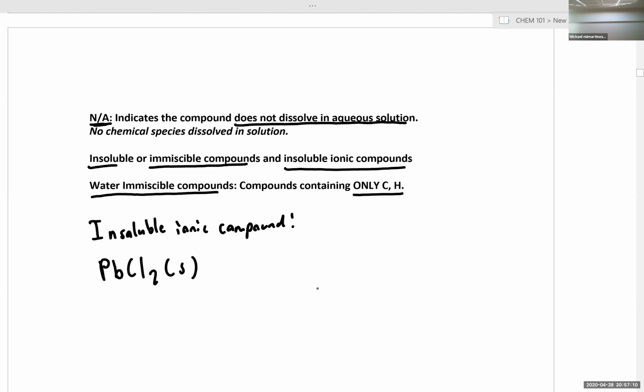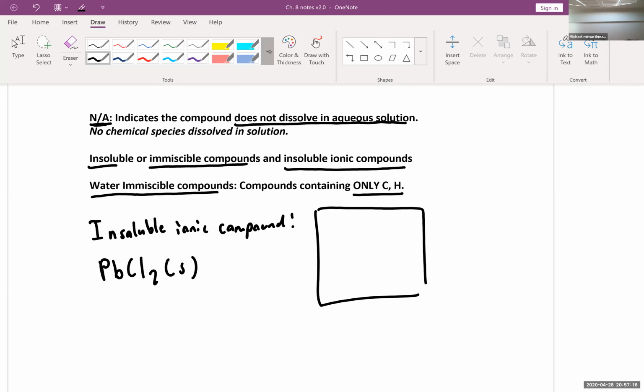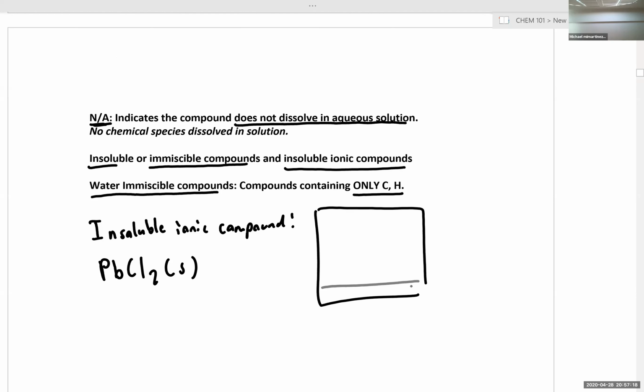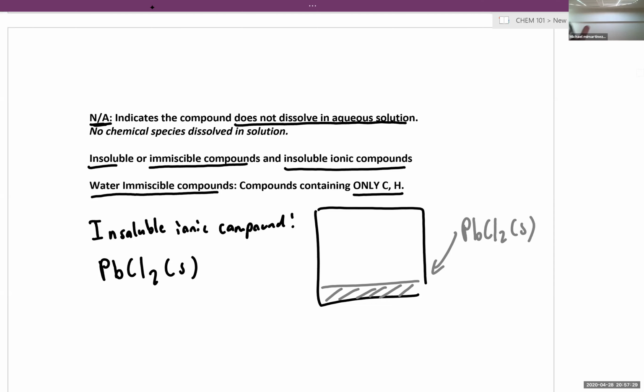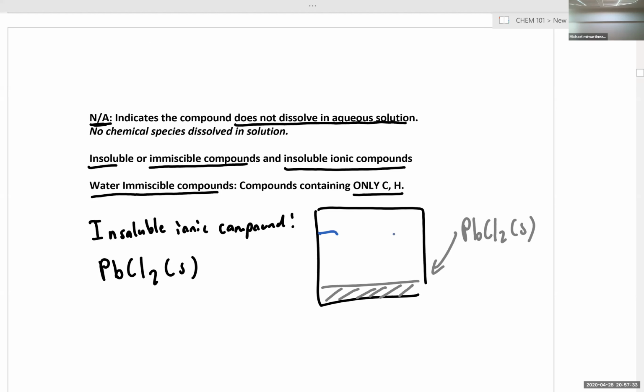So if we look at a picture of the solution for lead chloride, we'd overwhelmingly just see our solid lead chloride at the bottom, and we'd see a negligible amount of ions in solution.